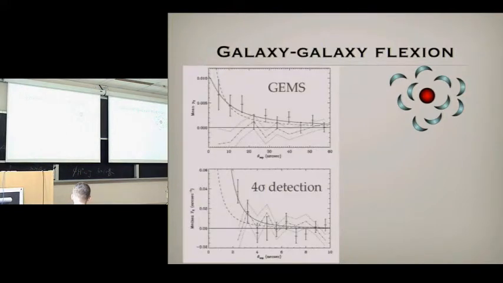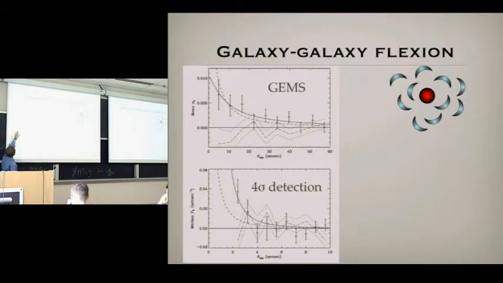Barney has done a careful maximum likelihood approach to this problem to look at the mass of a typical galaxy and the concentration of a particular galaxy in the GEMS data. But this is a more straightforward estimate of the tangential shear and radial flexion around foreground galaxies.